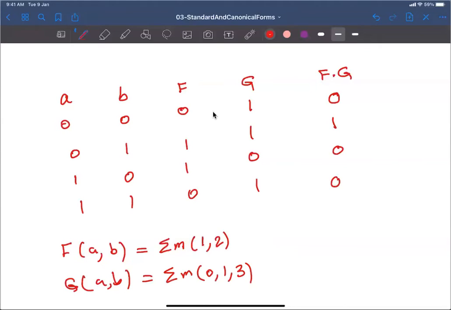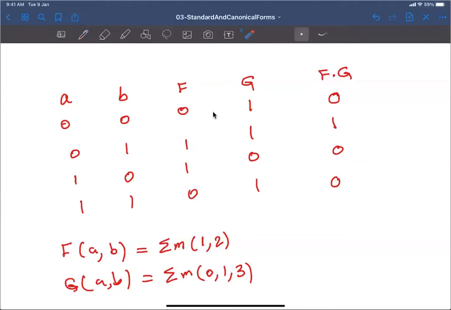So this one is just 1 and 2 because at row number 1 of the truth table we have a 1, and at row number 2 of the truth table we have a 1. And this one is 0, 1, 3 because we have ones in rows number 0, 1, and 3, okay?